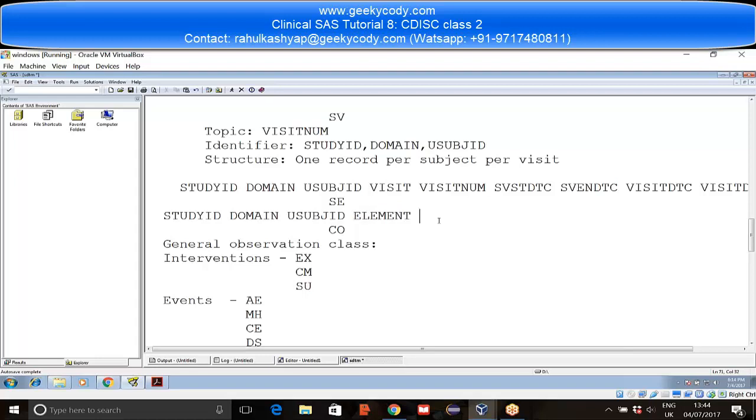Element is the full form, ETCD, element code, is the short form. Codes are always the short ones. Suppose treatment is there; the full form is written like TREATMENT, but here they'll just give you a code like TRT. That is not a short form, it is a code.